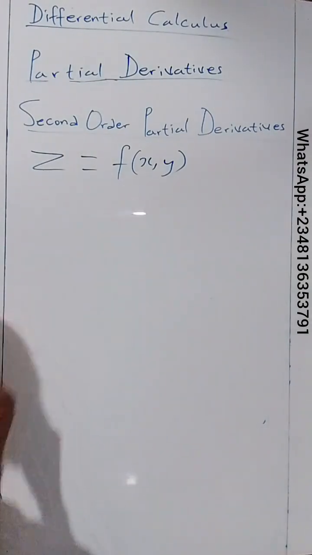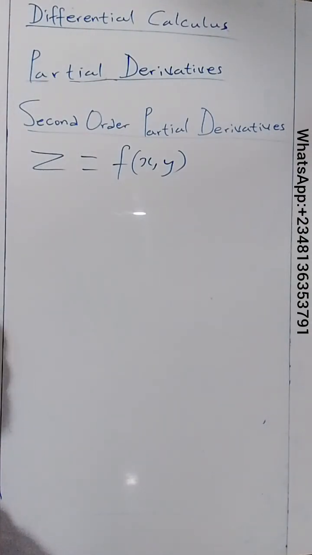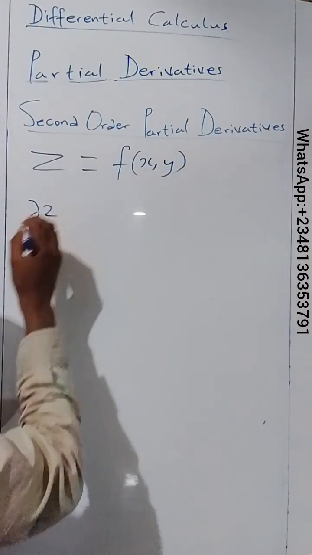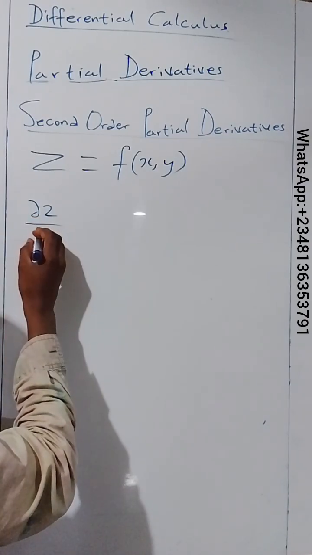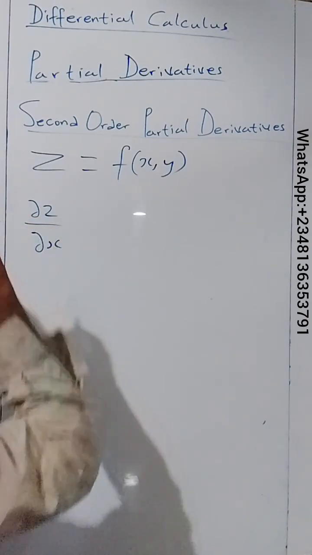If the question says find the partial derivatives, indirectly we are asked to find first order partial derivatives. But if it's going to be any other partial derivatives, the question is going to indicate that. Now it's giving us the partial derivative of z with respect to x.